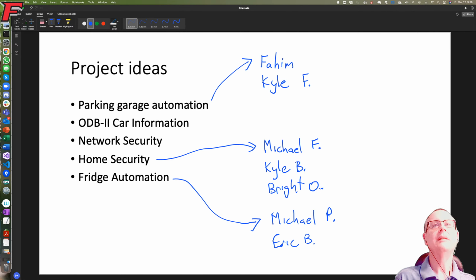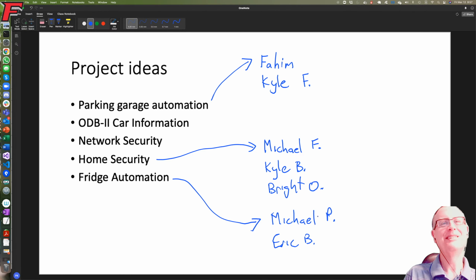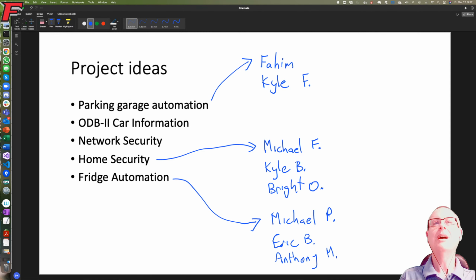And Anthony. So I'm gonna pull 180 here. I'm gonna go with fridge automation. Yeah, that's okay. 180s are fine at the appropriate time, and this is an appropriate time. Okay.